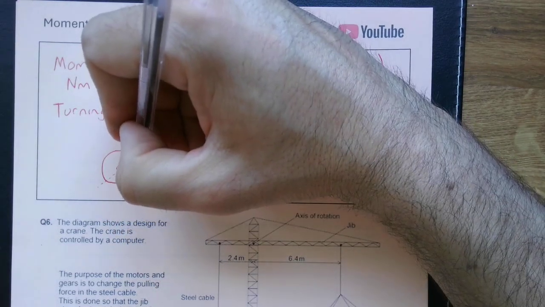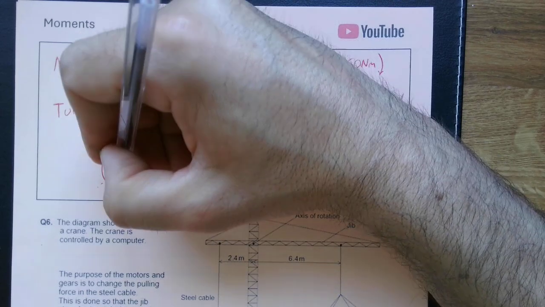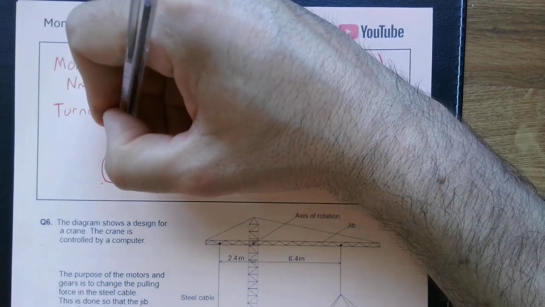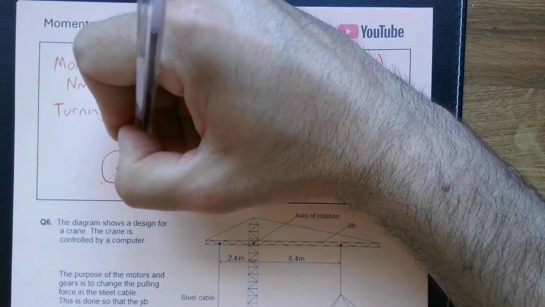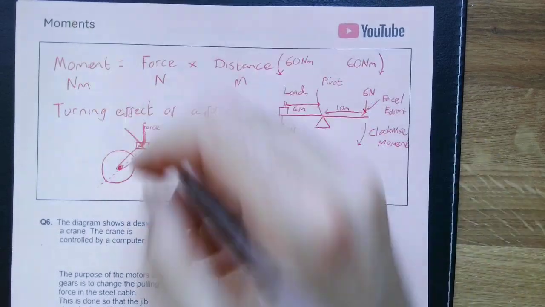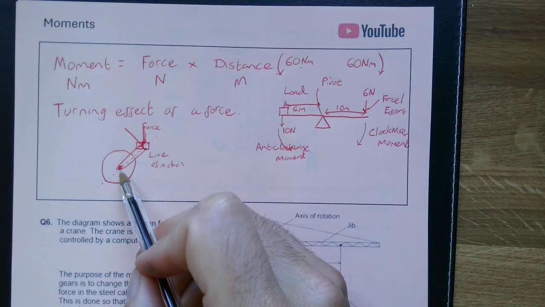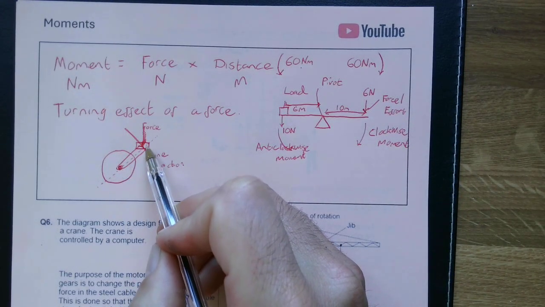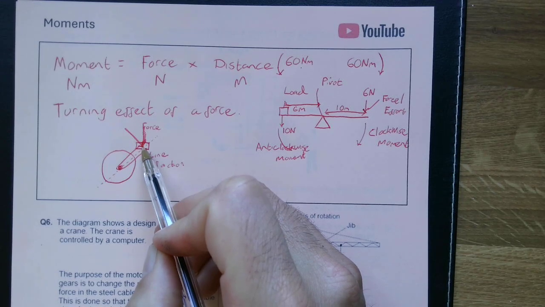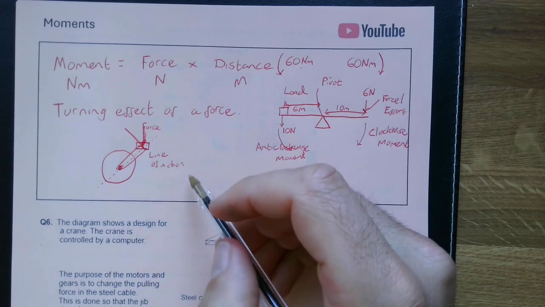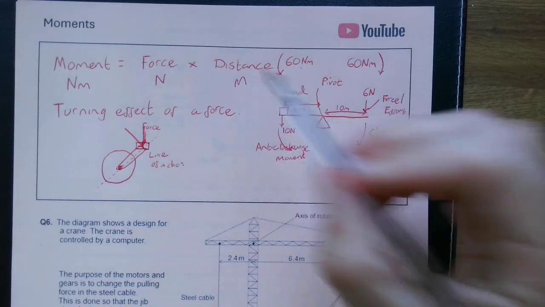Our line of action goes through where our force touches and through the pivot. And our force always has to be 90 degrees, or perpendicular, to that line of action, which goes from the pivot through to where the force is touching there. That's why we say it's perpendicular distance.